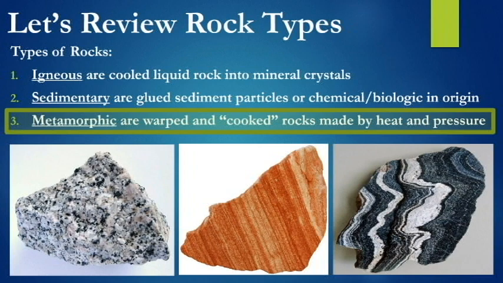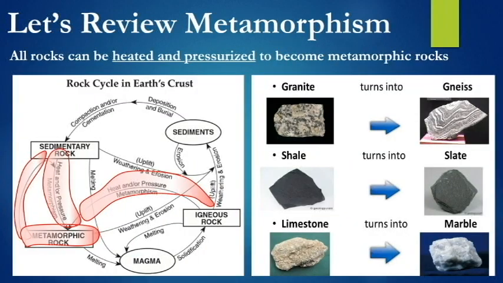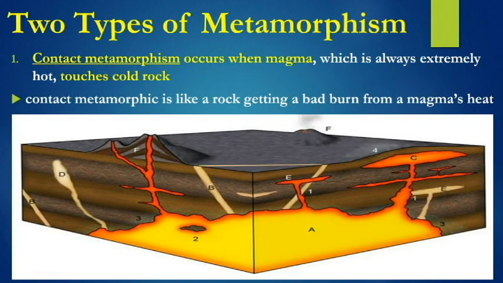So metamorphic rocks are warped, so they change shape, and they're cooked, meaning we add heat, and that's how metamorphism happens. Those are the two things we have to add to a rock to get it to metamorphose. So we have to add heat, and we have to add pressure.